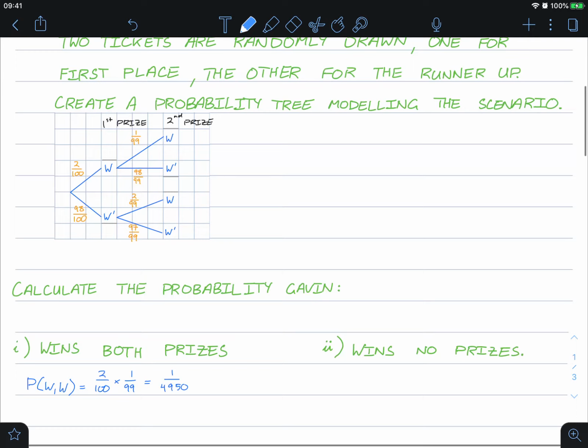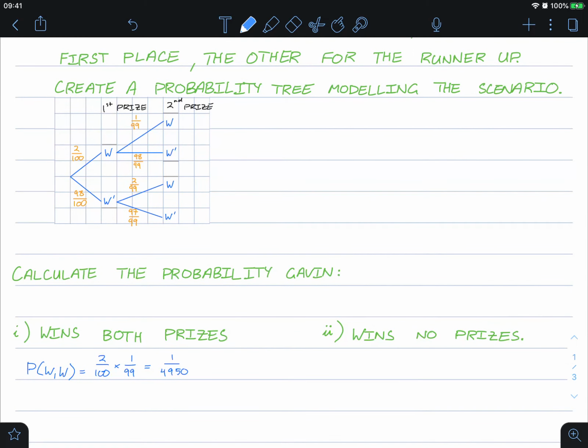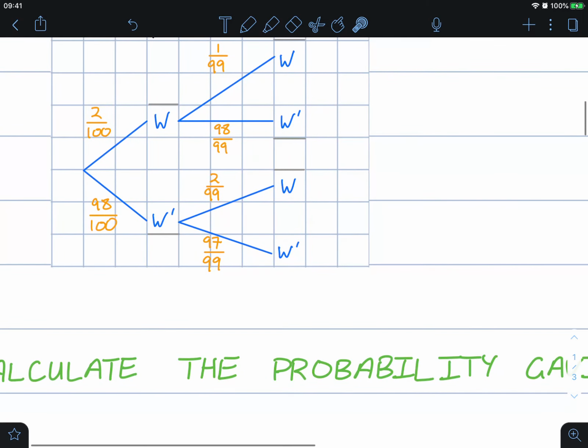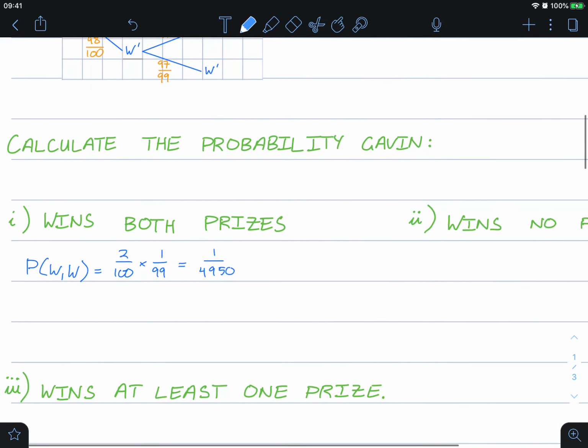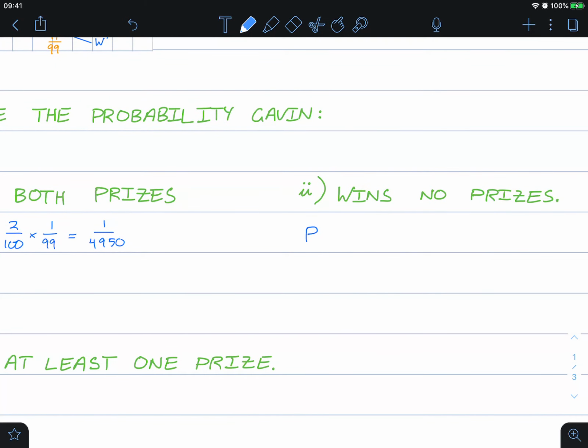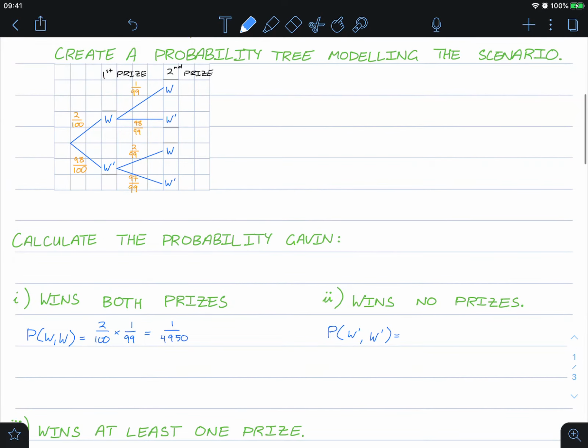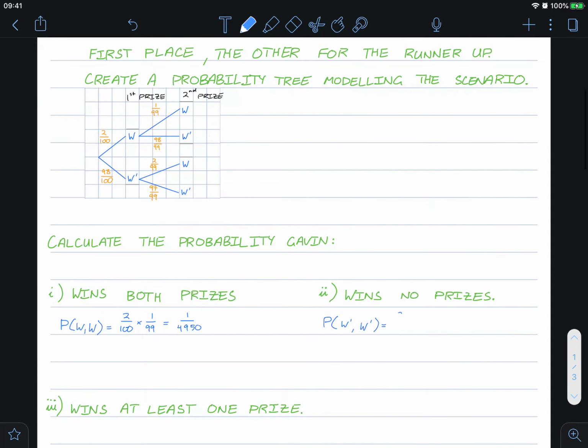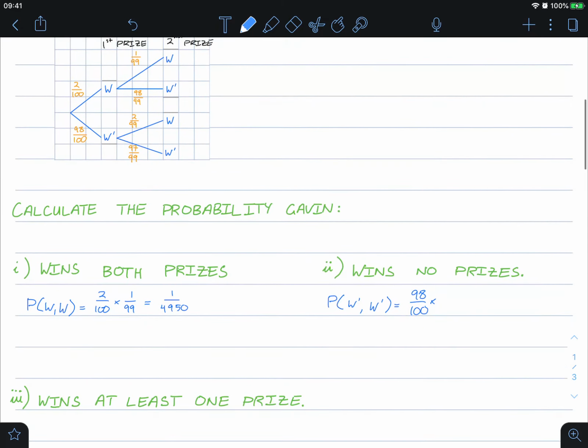What's the probability that Gavin wins no prizes? Well, winning no prizes means he loses the first and he loses the second. Well, that is the same when we do it in notation. Probability of not win, not win. Following that probability, that's 98 out of 100 times 97 out of 99.